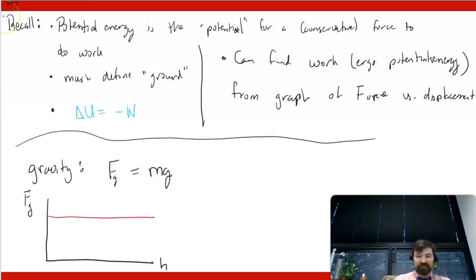And so if you were trying to find the area between, let's say, 0 height, wherever we've defined 0 is, and the actual height of your object, we could call that h0 for height of object, then this area, the potential energy, U, would look like m times g times h of object. This would be U of object. And that actually matches with the simple case of work being force times distance.